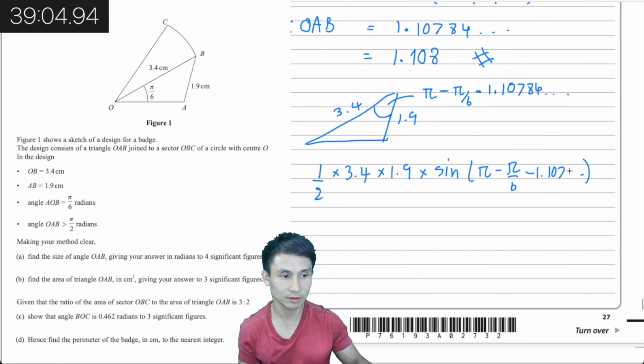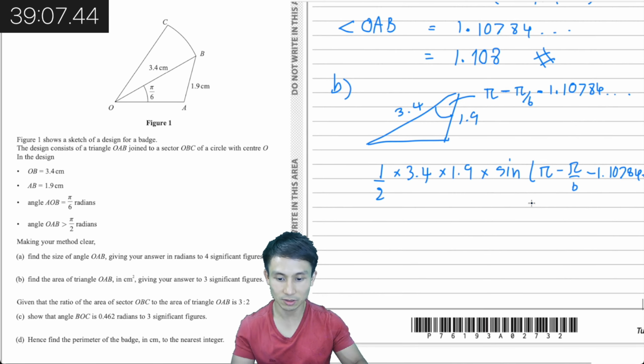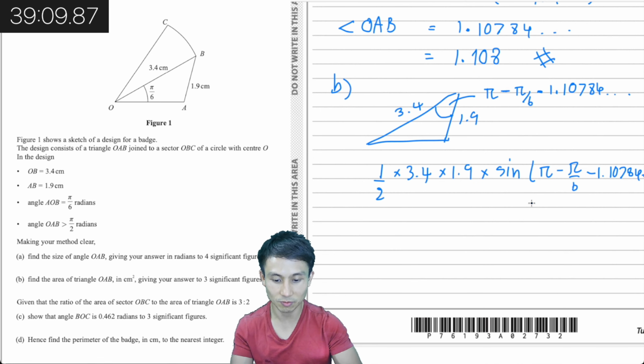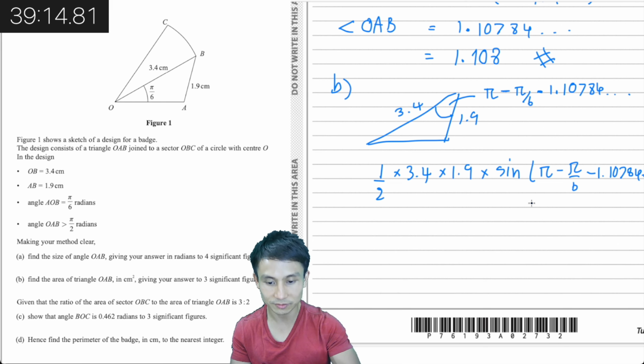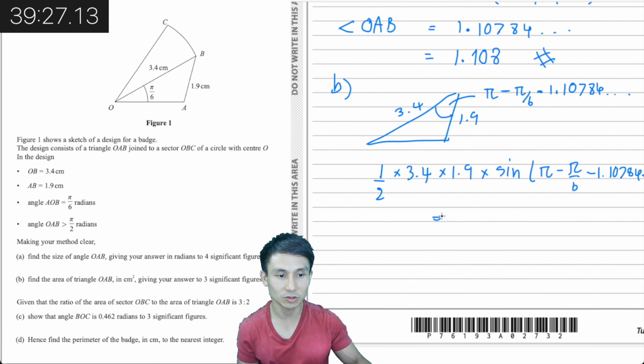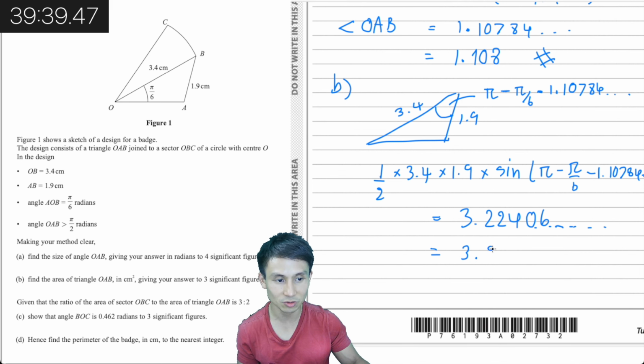So that's going to be 1/2 times 3.4 times 1.9 times sine of pi minus pi over 6 minus the answer that I got earlier. So that should be 3.224... and 0.406 maybe, and that is just 3 significant figures, 3.22.